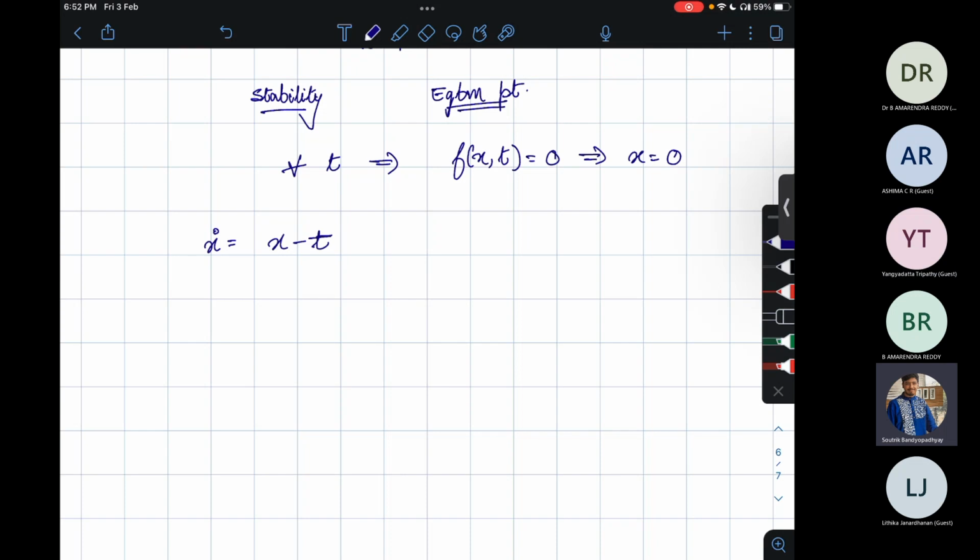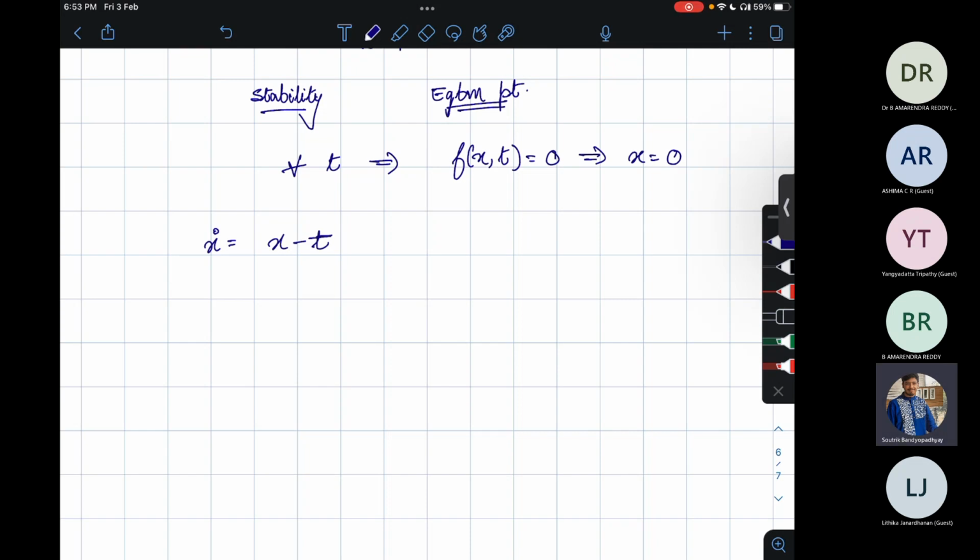So there is no equilibrium point in the system, because an equilibrium point by its definition must be time independent. There exists a point in the state space at which the derivative of the system trajectories must be equal to 0 for all time t.